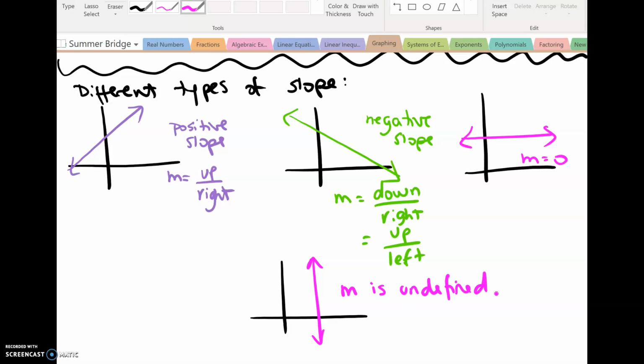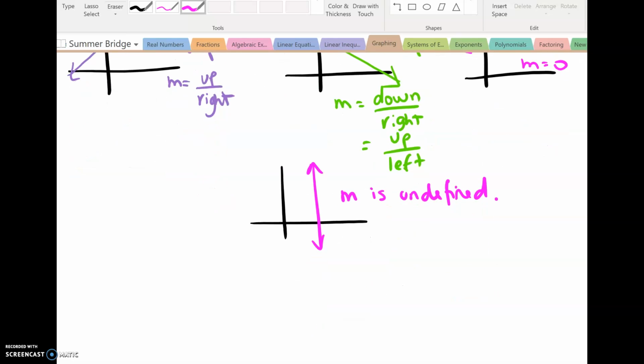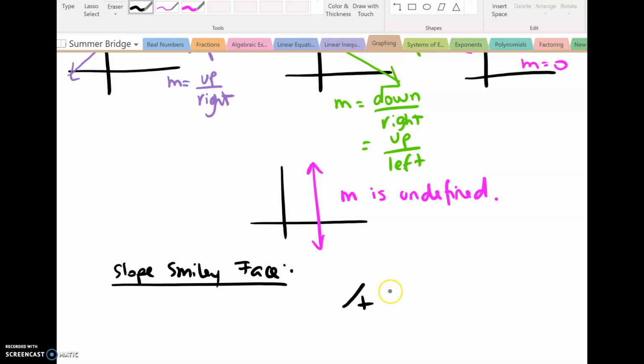And there are multiple ways of kind of remembering all of these. My favorite personal way is doing the slope smiley face. And this is how it goes. That's positive slope. That's negative slope.